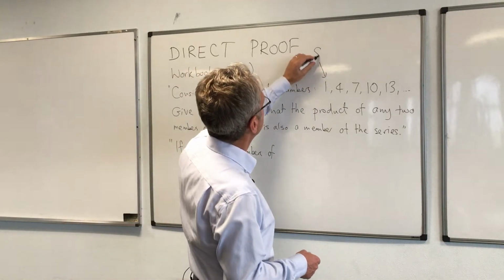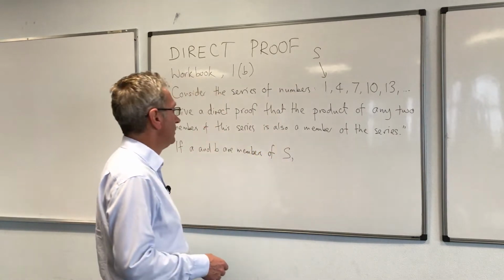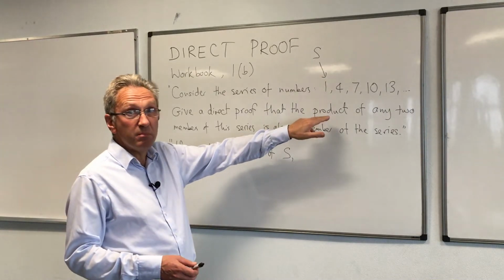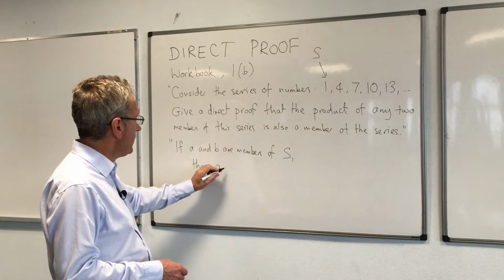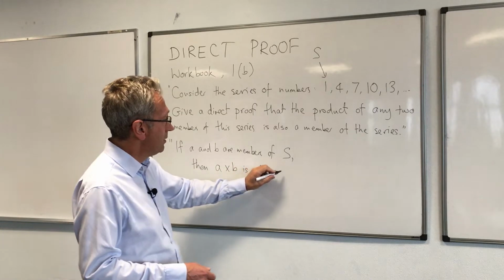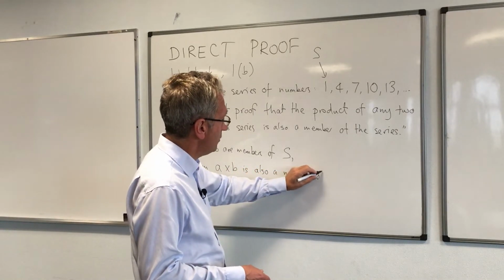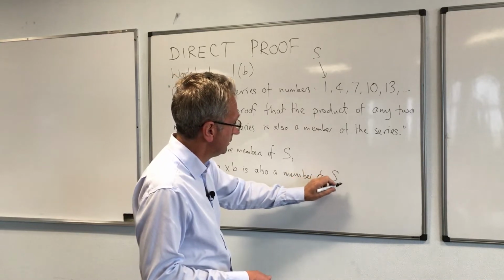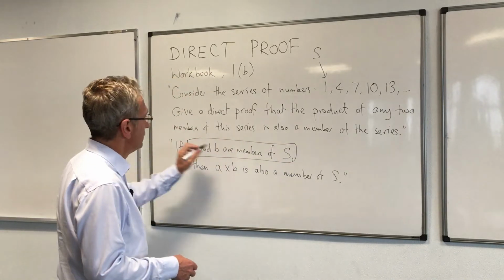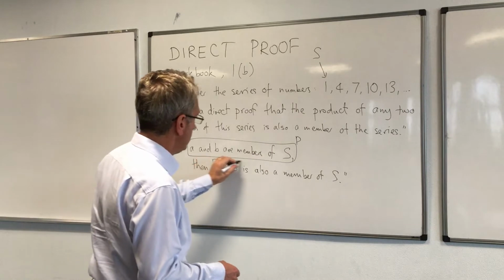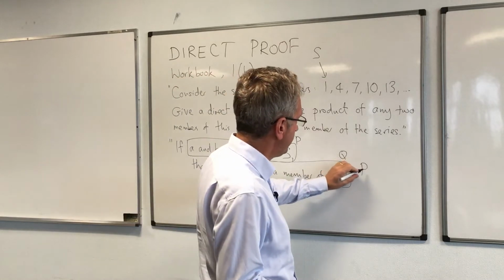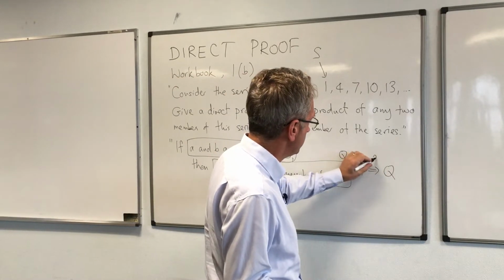Let's call it S. Then the product, that means that we multiply them, so it means that A times B is also a member of S. Okay, so there's my P and there's my Q, and I want to prove that if P is the case, then Q is also the case.